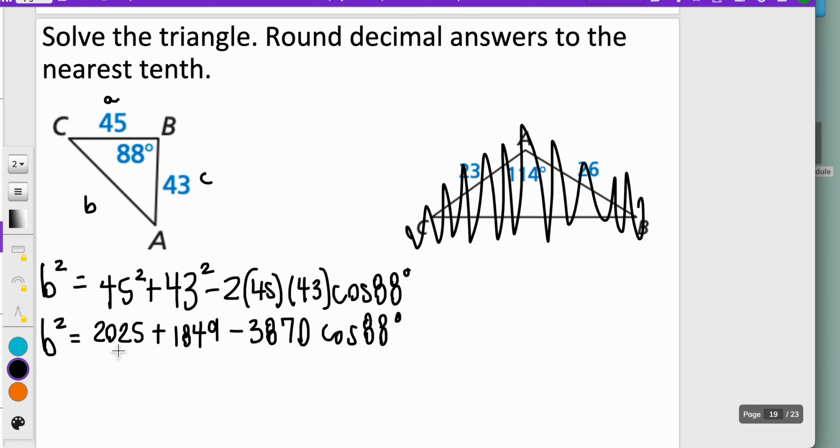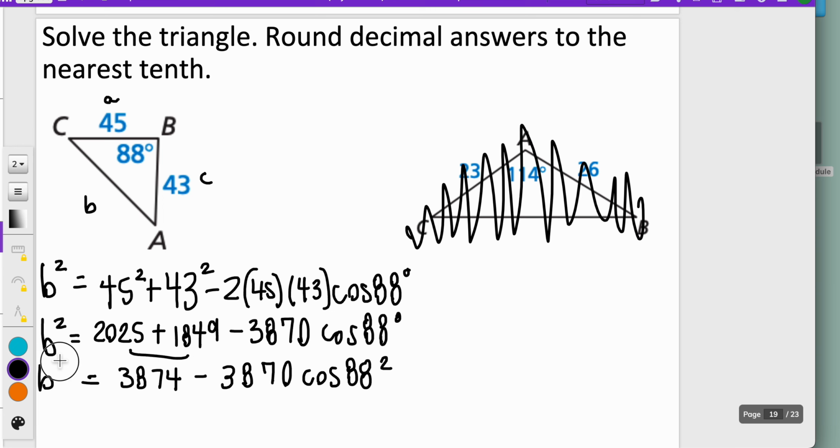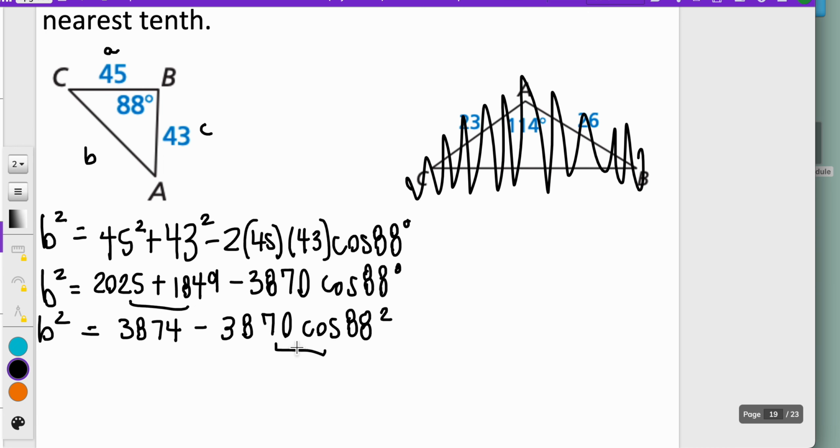Next, I'm going to add these two things together. 2025 plus 1849 is going to give me 3,874 minus 3,870 cosine of 88. This is where you want to think about your PEMDAS rules. To solve for B squared, this is technically multiplying.